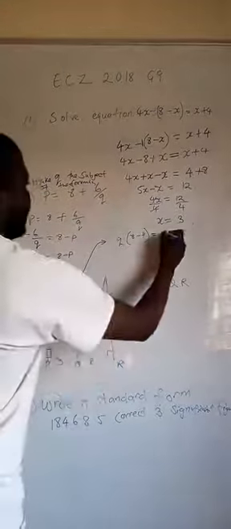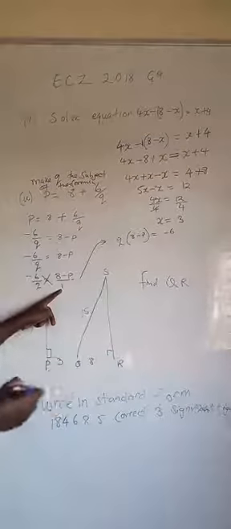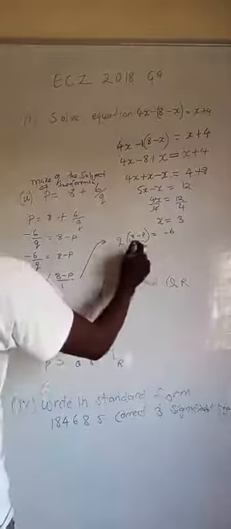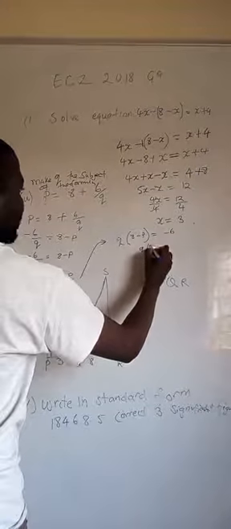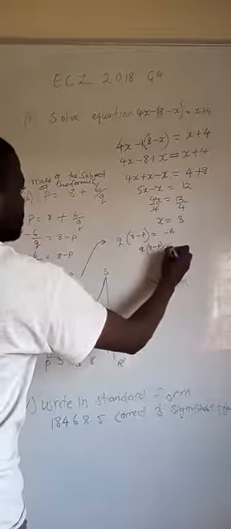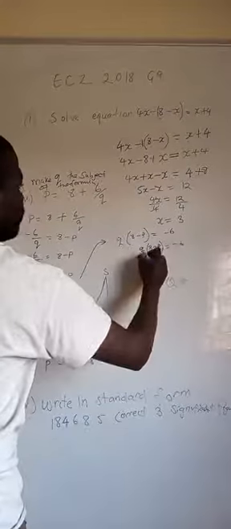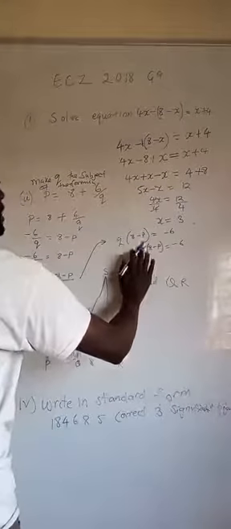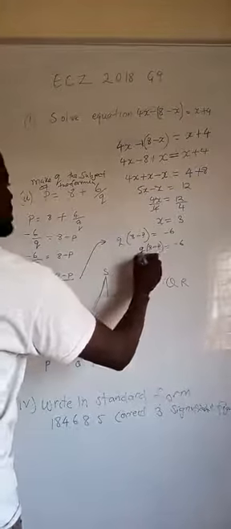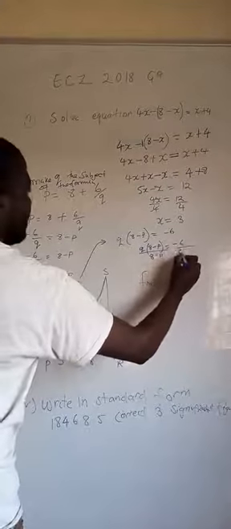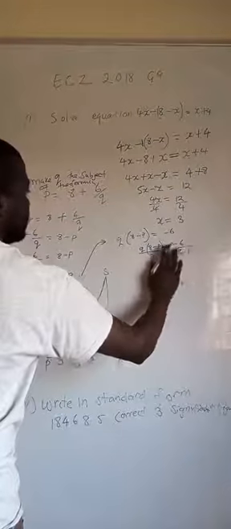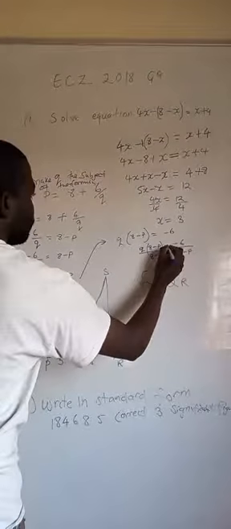It is negative 6. Okay? On the next stage here, you write this same one, which is Q, open bracket, 8 minus P closed, is equal to negative 6. You are trying to make Q the subject, so you divide both sides by 8 minus P, even this side by 8 minus P. There's an equal sign here in the middle, you know.